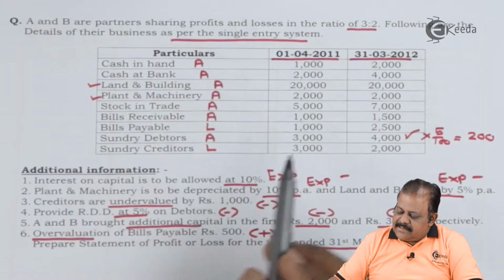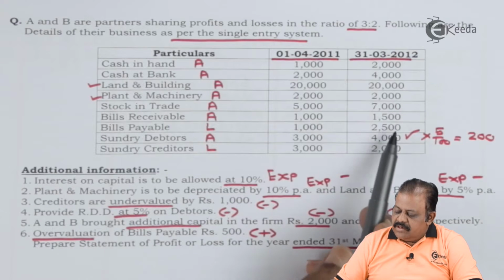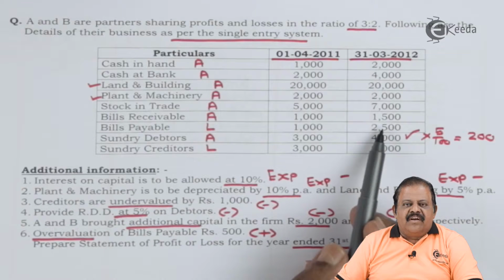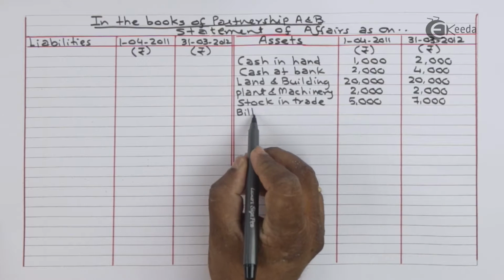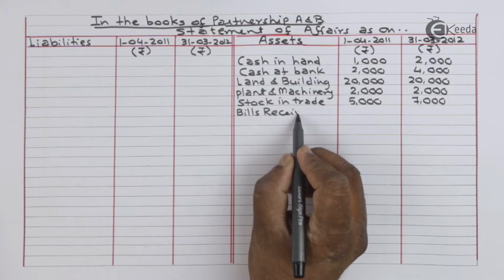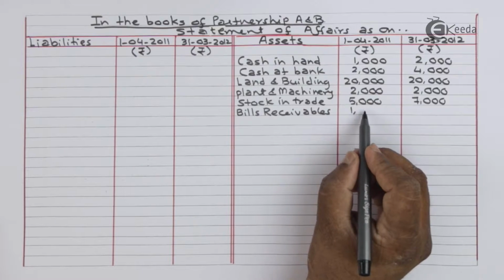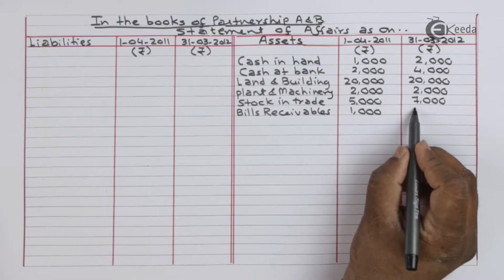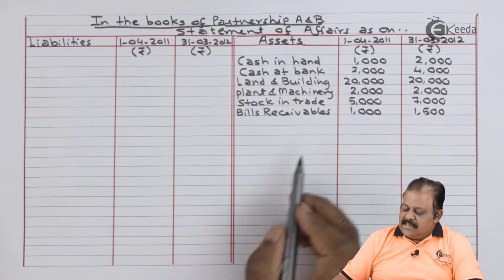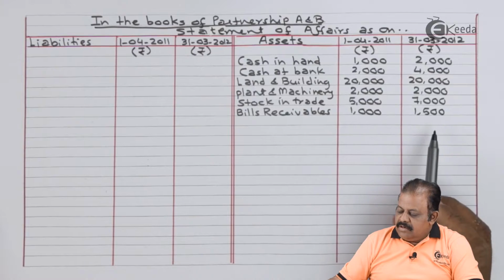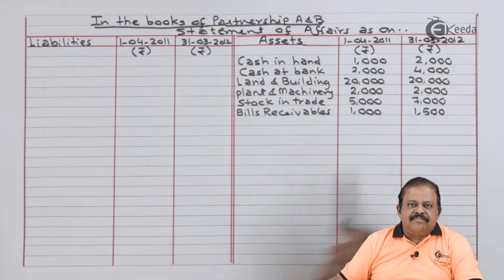Bills receivable asset, opening 1,000, closing 1,500.